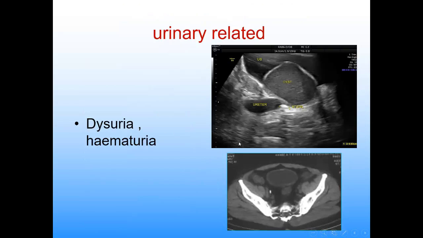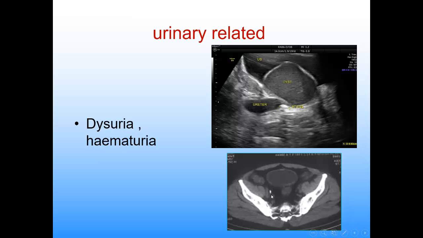We also have urinary related symptoms of acute pain, and this is very important. We can detect it by ultrasound. This case was diagnosed many times by ultrasound as an adnexal echogenic cyst, but it was just a ureterocele inside the urinary bladder with a stone in the lower ureter, and the ureter is dilated like this one.